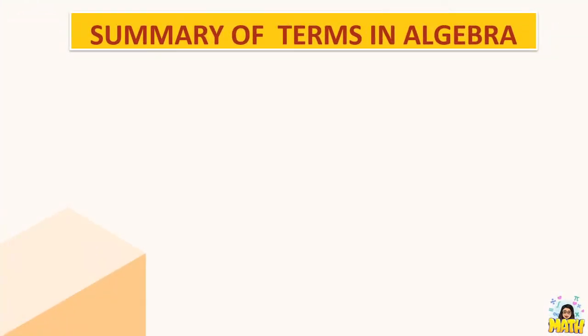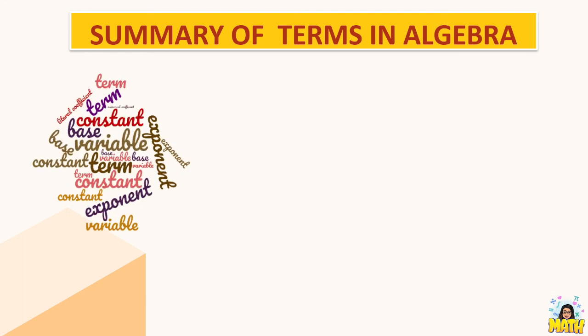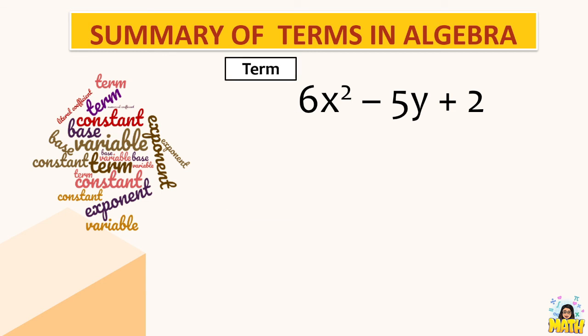Alright, so let's summarize the basic concepts and terms related to algebra. So we have discussed the definition and use of each of the following. In this algebraic expression, we have terms which is separated by the plus and minus symbol, which means we have 3 terms here, 6x squared, 5y, and 2.